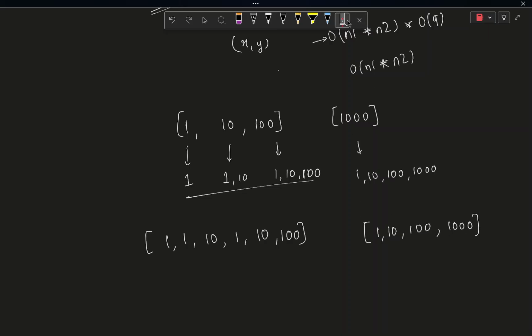In that case, now what I have to do is I just have to find the longest, considering them as strings.